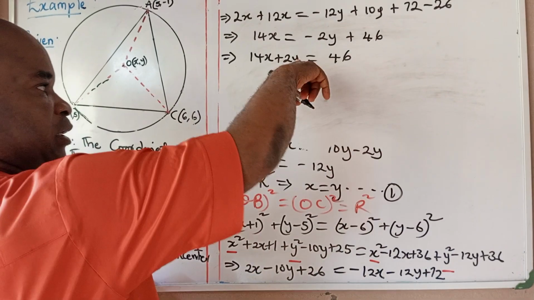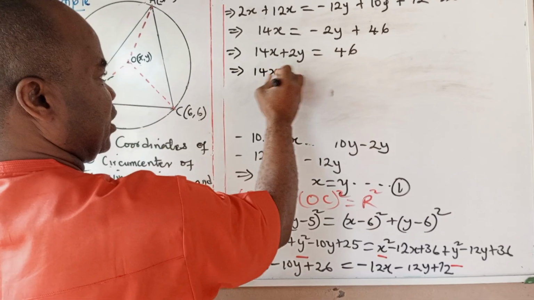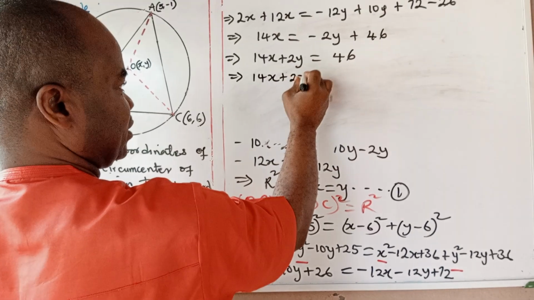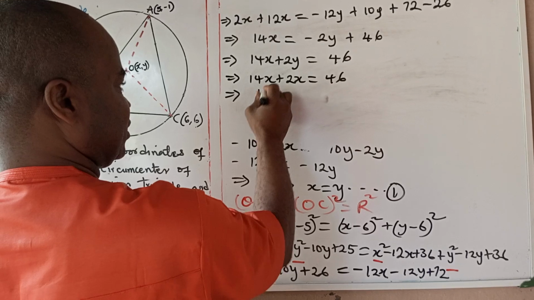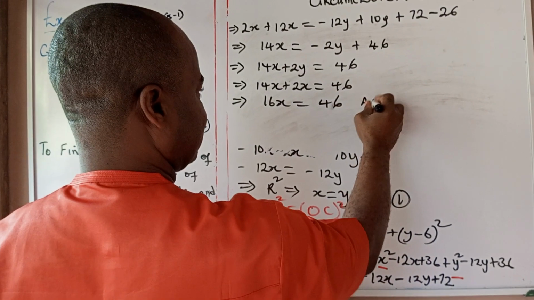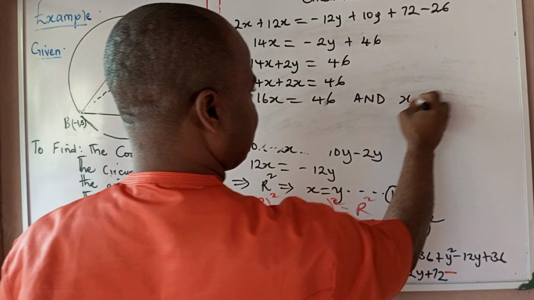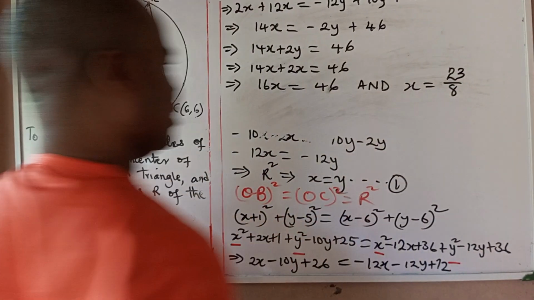So if we now plug in x in place of y, we are going to have 14x plus 2x is equal to 46, which implies that 16x is equal to 46, and x will be equal to 23 over 8.